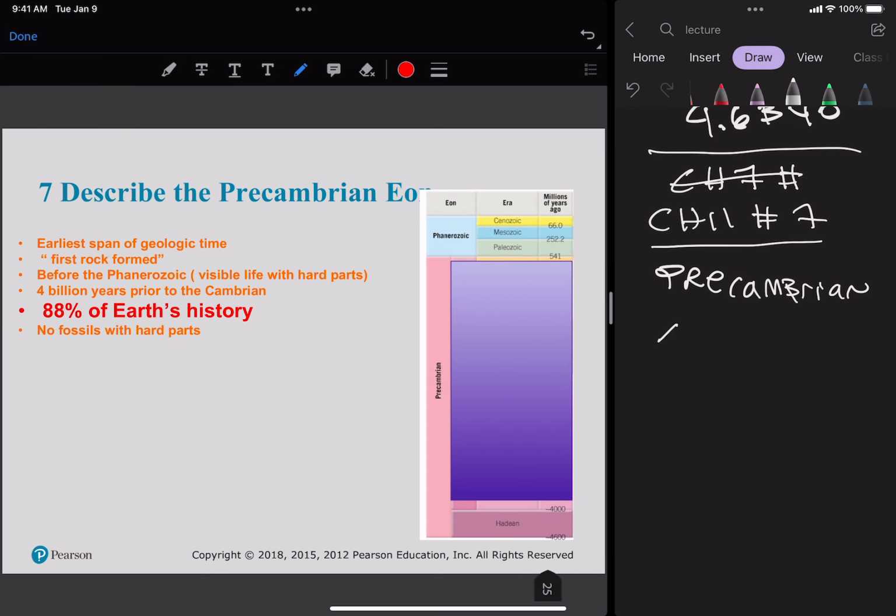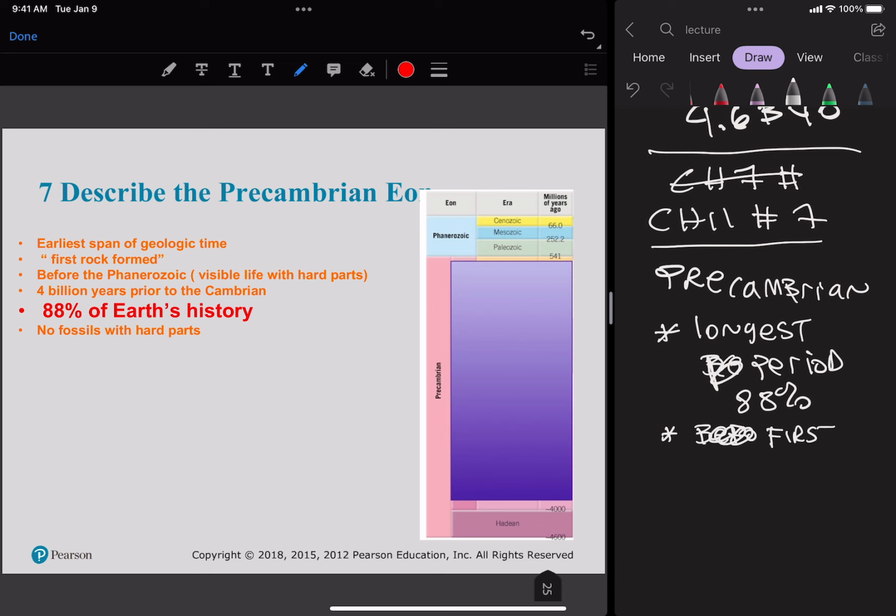There's a lot of things about the Precambrian, but one of the main ones is that it's the longest period of Earth's history, at 88% of Earth's history. Well, actually, excuse me, the first rocks formed in this time period.